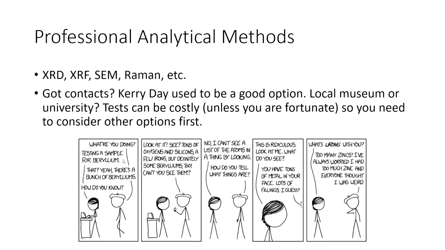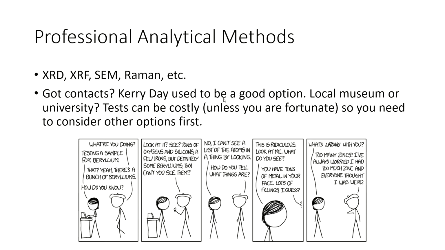But the best way probably is to look at professional and analytical methods. So we're going to hear a little bit about Raman, I always said Raman, but Raman is probably correct. Particularly if you've got contacts, so Steve and I have both used Kerry Day in the past.